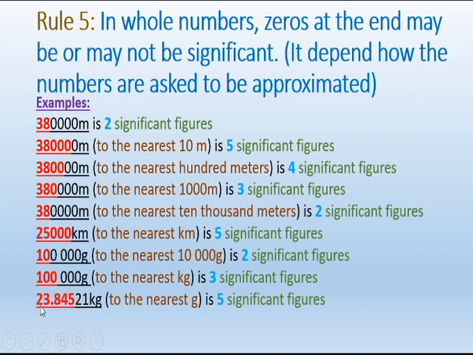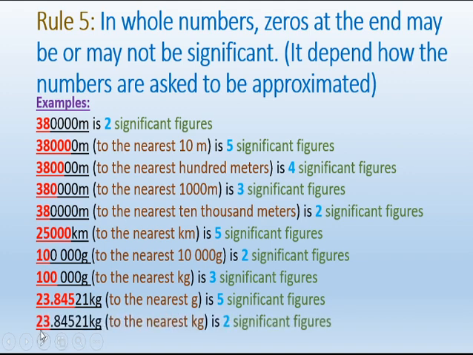So that's why 3.845 will be considered as 5 significant figures. Now we are counting it. We will not be considering the non-zero numbers 2 and 1, because it says to the nearest gram, so we consider only the gram numbers and remove the rest.